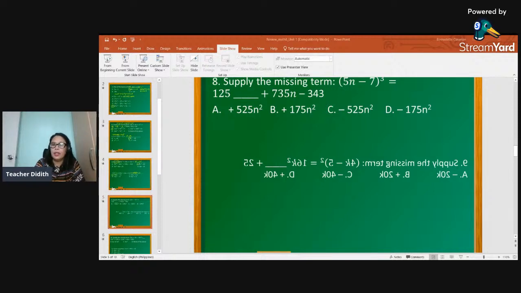So, again, cube of binomial is equal to the cube of the first term, plus or minus thrice the square of the first term times the second term, plus thrice the first term times the square of the last term, plus or minus the cube. Since we're asked to work on the second term only, no need for us to finish everything since it's provided here, no? So we just have to work on the second term. And since this is a minus sign, we expect that the middle term is a minus sign. So we are looking for option C or D only for number 8.